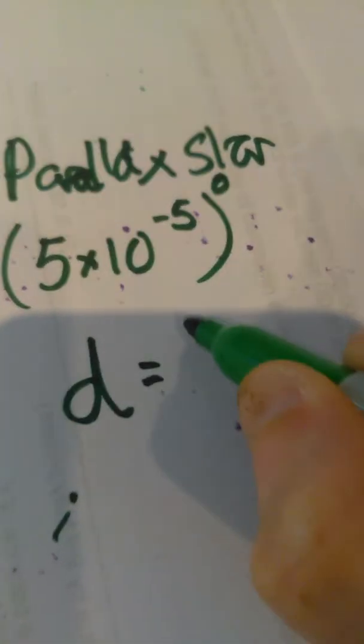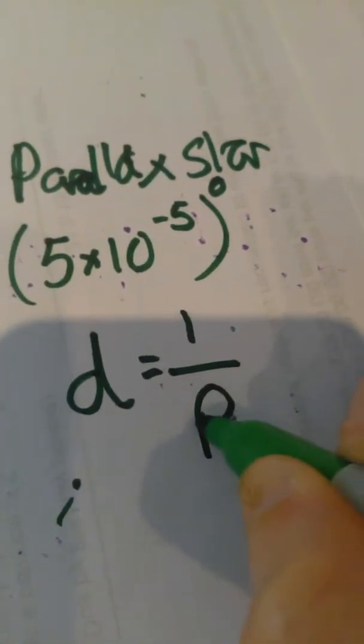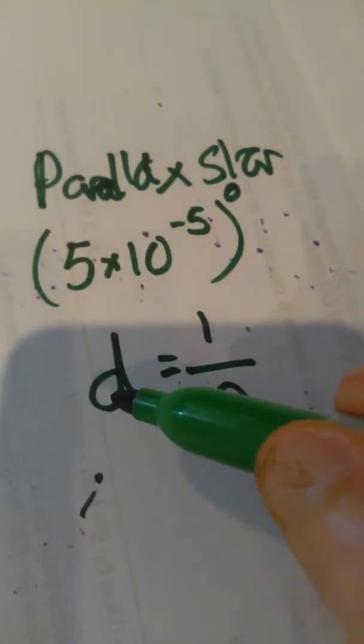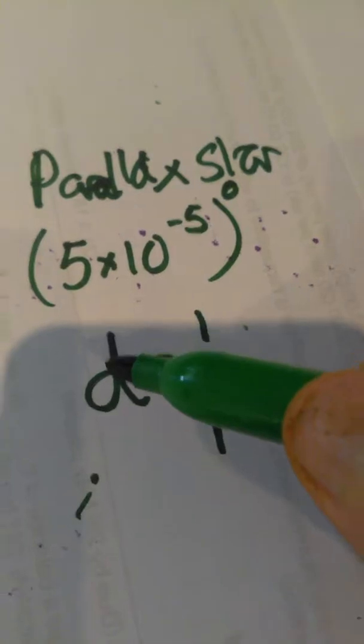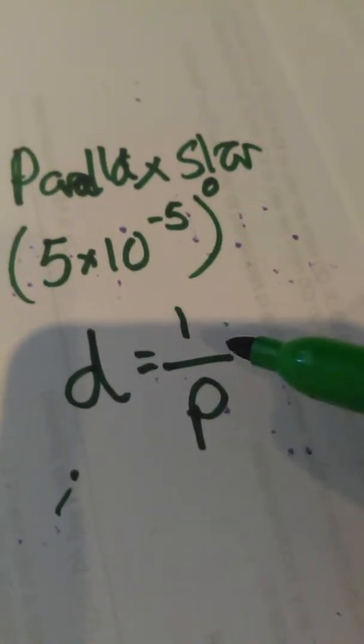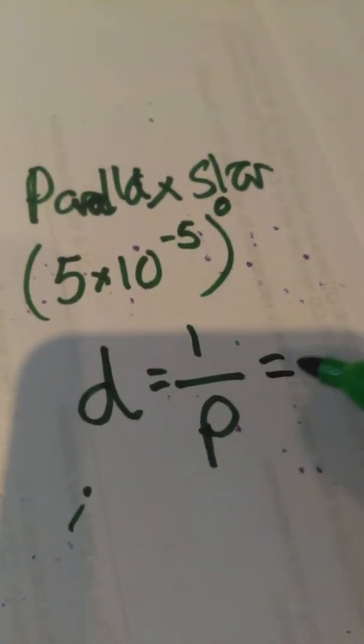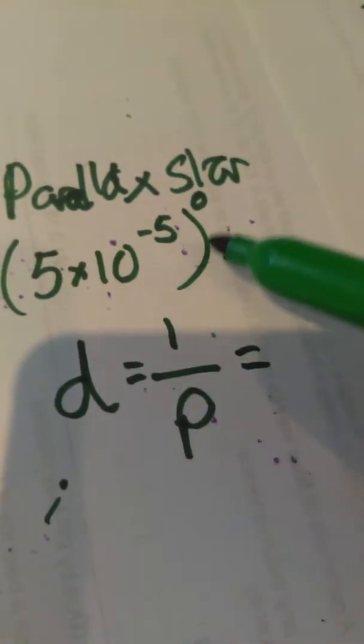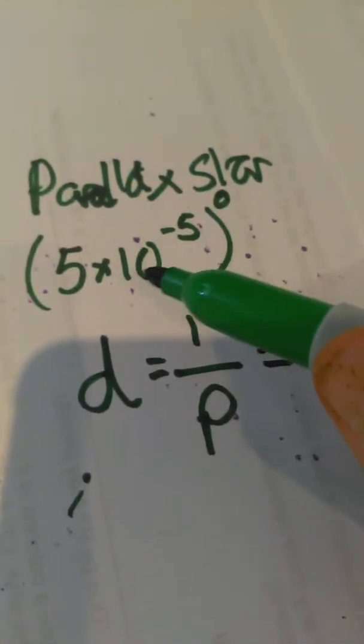Right, well, we know the equation straight away. Distance is equal to 1 divided by parallax. However, as I said, to be able to use this equation and get our distance in parsec, we've got to put the parallax in arc seconds. And at the moment, that's in degrees, not arc seconds.